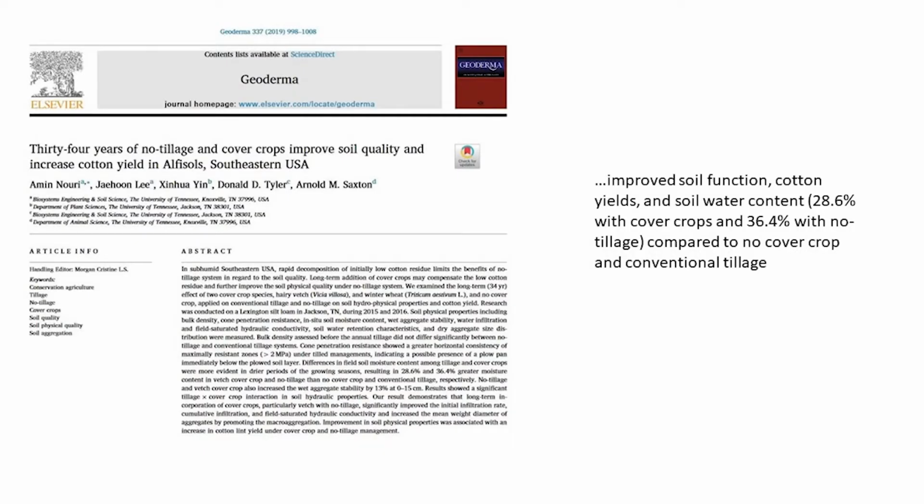Broader implications of these findings may help farmers to better manage the water cycle in their cotton fields, as seen by work in Tennessee, showing cover crops and no tillage improve soil function, cotton yields, and soil water content, 28.6% with cover crops and 36.4% with no tillage.